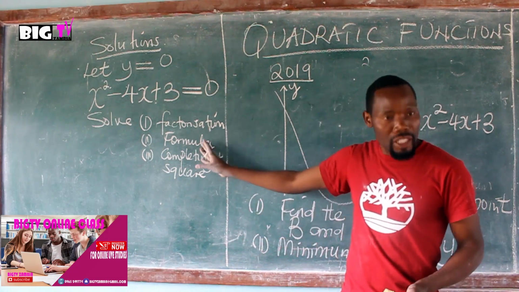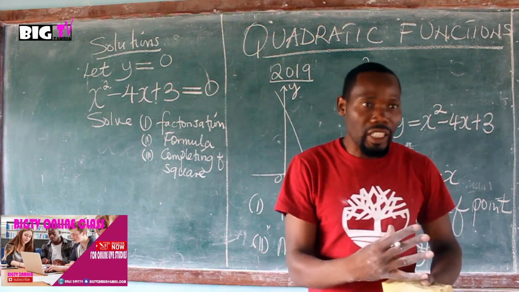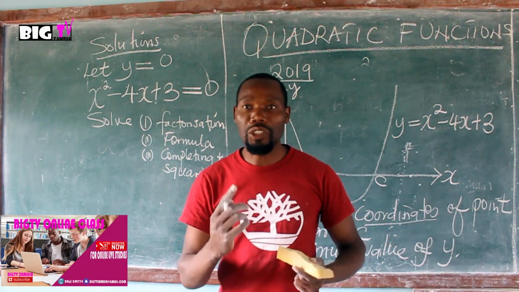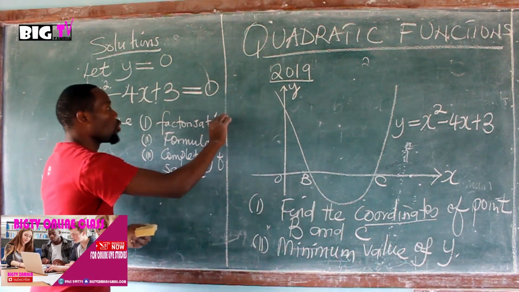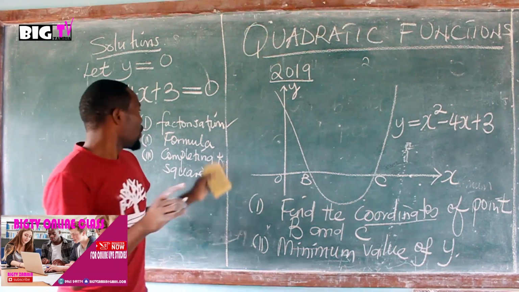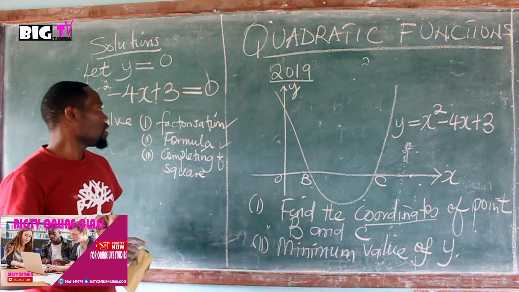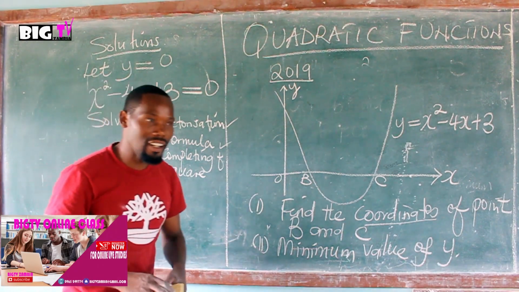Is it the formula method? Remember, this is paper 1. There is no way you're going to refer to the formula; you must know it. So, we are going to use the first one, factorization, and later on we are going to use the formula method. Is that clear?